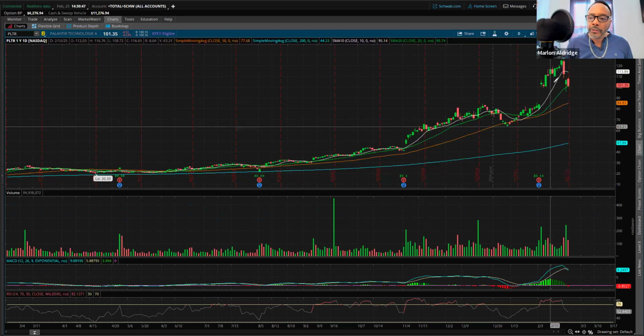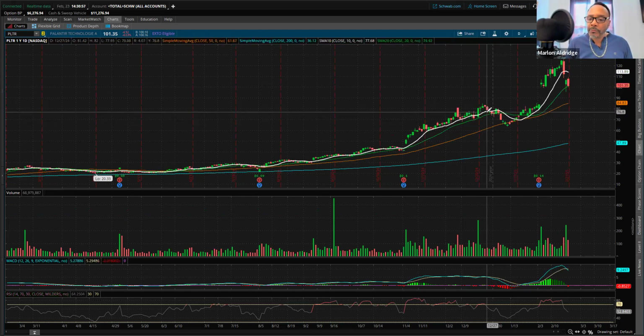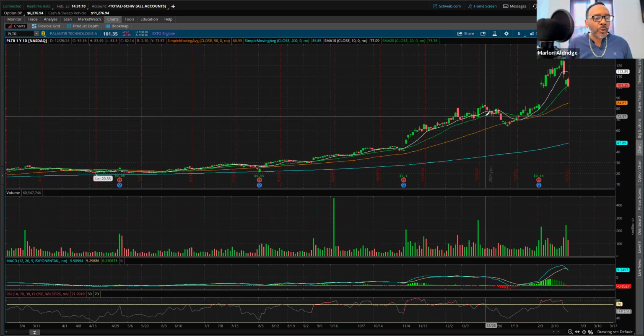So a lot of people use these averages, and typically what you don't want to see, and in some cases you will, we had a period right here, which would have been in December, where we can see that the 10-day moving average went below the 20-day. Basically, all that says is that the prices are falling.